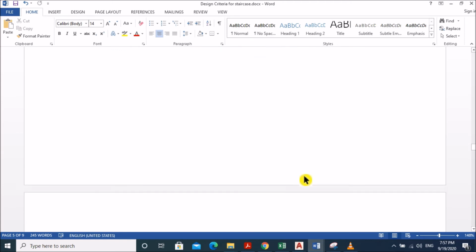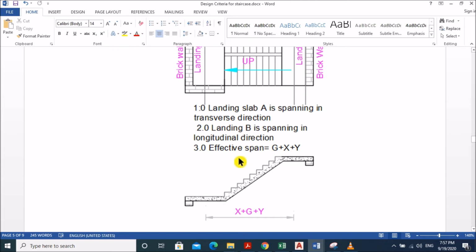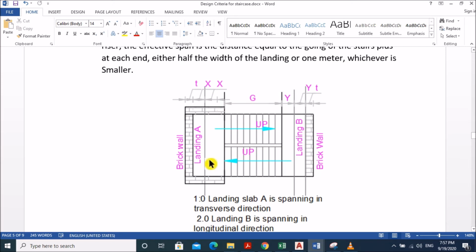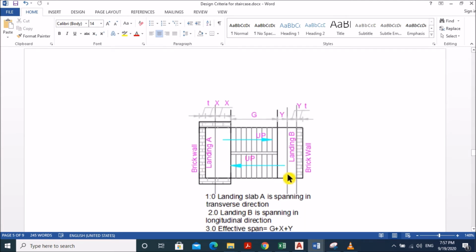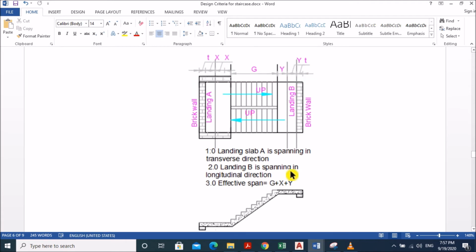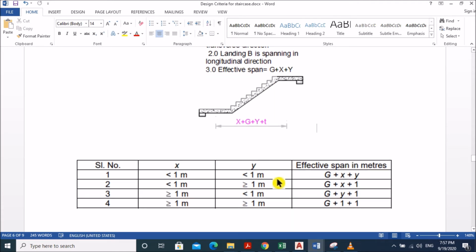How to do it? Take the effective length, then X plus G plus Y will be the effective length of these stairs as given by clause 2. For clause 3, sorry, this is a repeated figure.